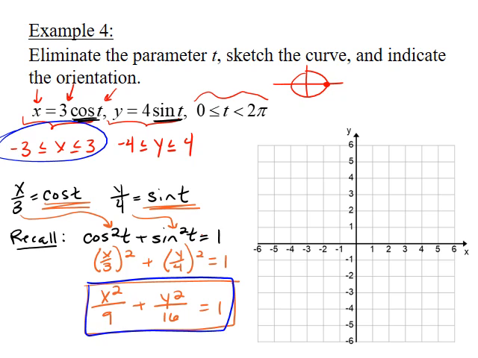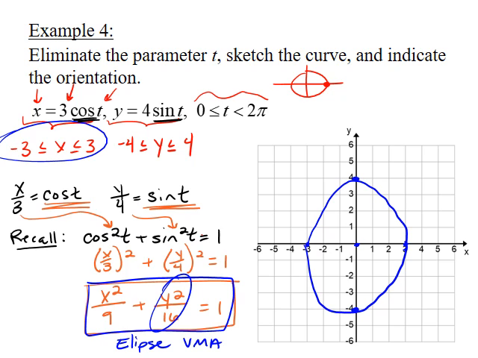Hopefully you recognize that this is an equation of an ellipse with a vertical major axis. So the center is 0, 0. I'll go up 4 and down 4, right 3 and left 3, and I have this ellipse. Now, sometimes identifying the orientation is a little tricky.